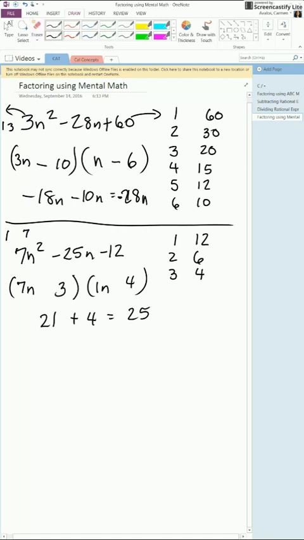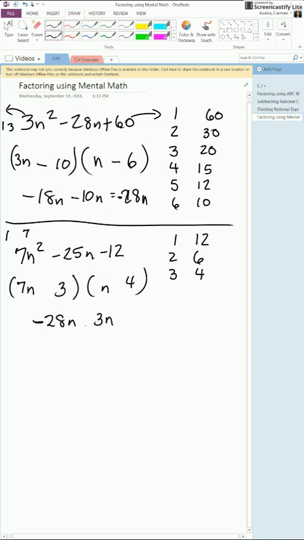So I know that one has to be positive, and then the other one has to be negative. So the way we do that is that you're going to get 28n, and the 3n, and if we actually add them, that's not going to give me the 25, but if I subtract them, that'll work. And which one do I need to be negative, the 3 or the 28?